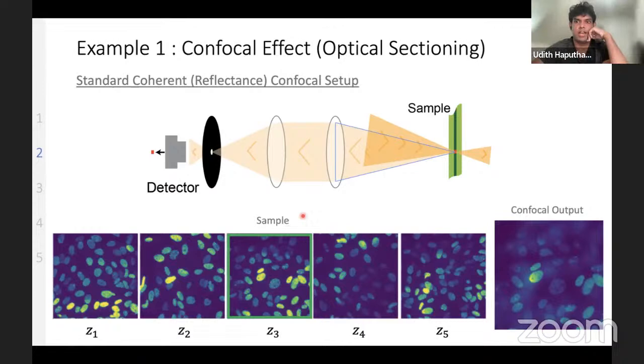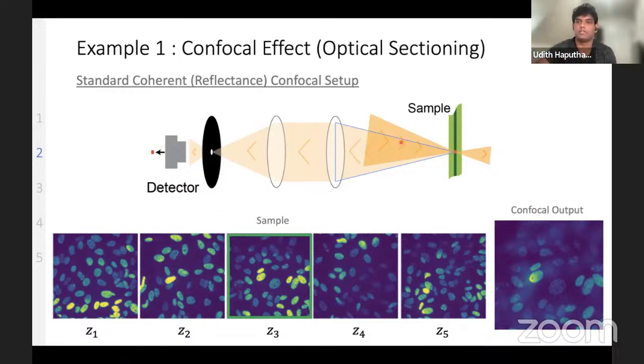So this is an example input and output for the system. This sample shows 5 slices, as an example Z1, Z2, Z3, Z4, Z5, located in that order. Our goal is to get this particular plane at the output, and this is what we get from the confocal setup.